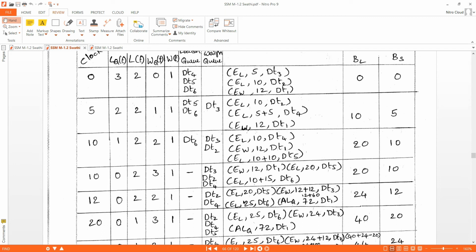The ending loading event will occur at simulation clock time 20, the ending weighing event will complete at simulation clock time 24, the ending loading event will complete at simulation clock time 25, and the arrival at the loader queue will occur at simulation clock time 72. Among these, which is the least one? That is simulation clock time 20.